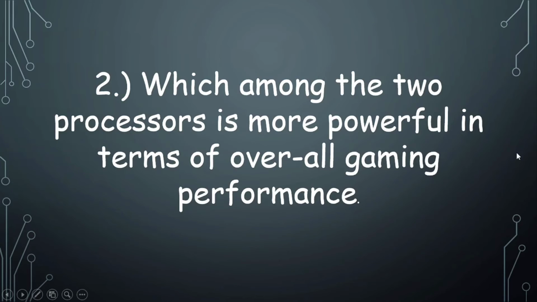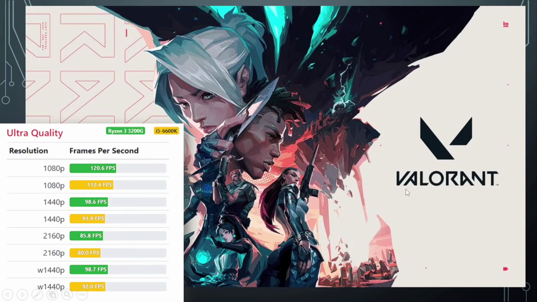Which among the two processors is more powerful in terms of overall gaming performance? By playing Valorant, we can see the performance of the different cores using ultra quality game graphics with different resolutions.